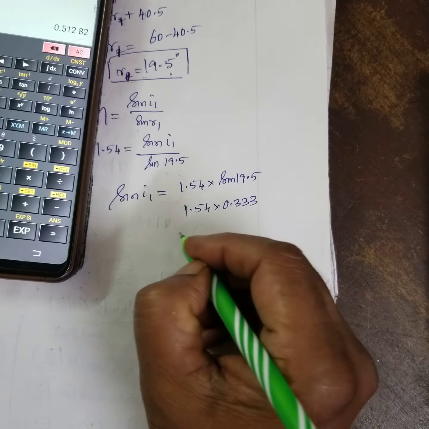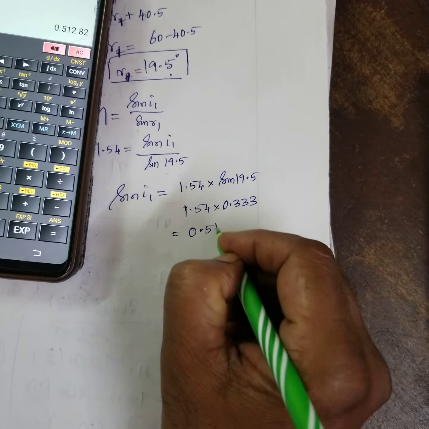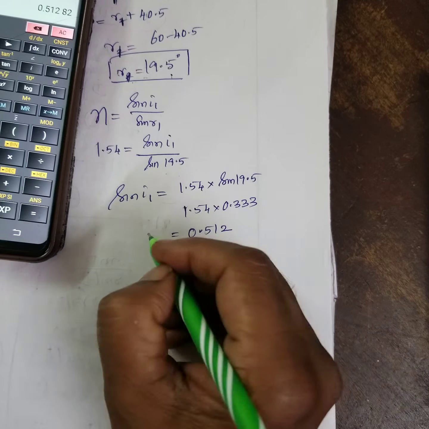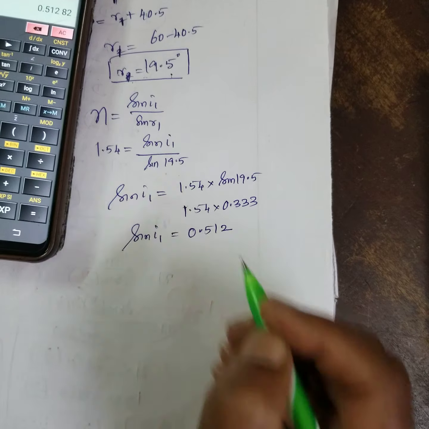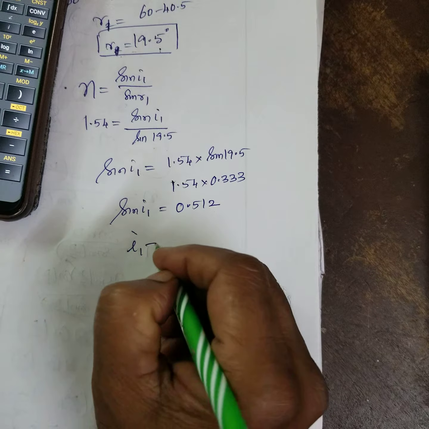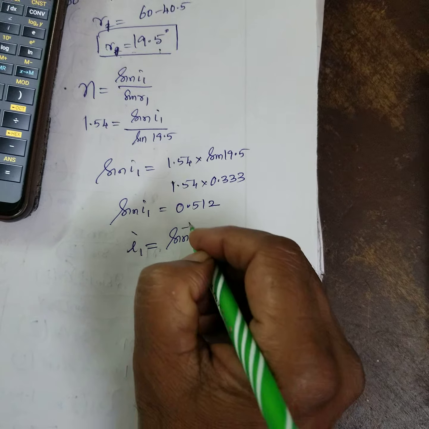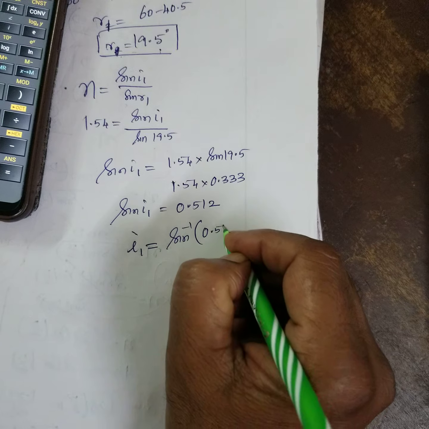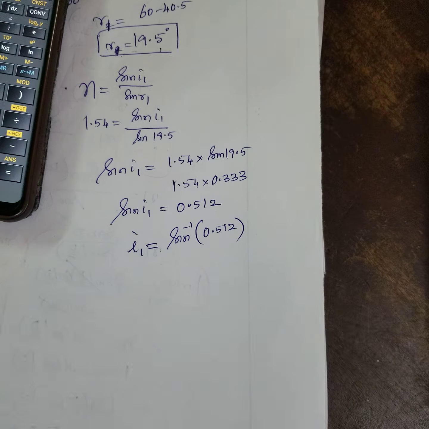How much? 0.512. Okay, sin I1 is 0.512. Therefore, what is I1? I1 is equal to sin inverse 0.512. Right?